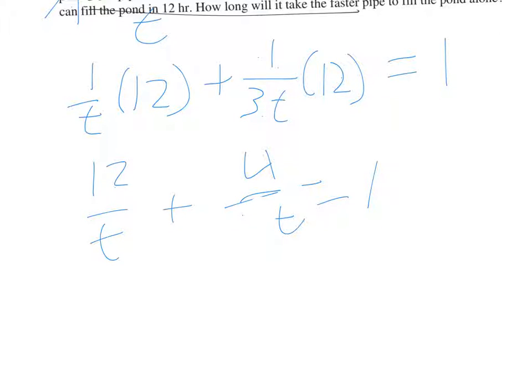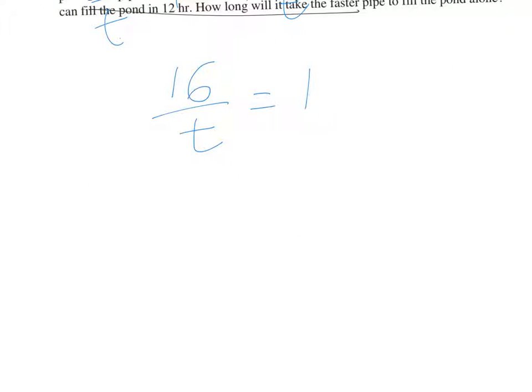Now 12 over t plus 4 over t, since they have the same denominator, you can just add the numerators, so it'd be 16 over t is equal to 1. Since 16 over t is equal to 1, you multiply by t. So t equals 16. So the faster pipe can get it done in 16 hours.